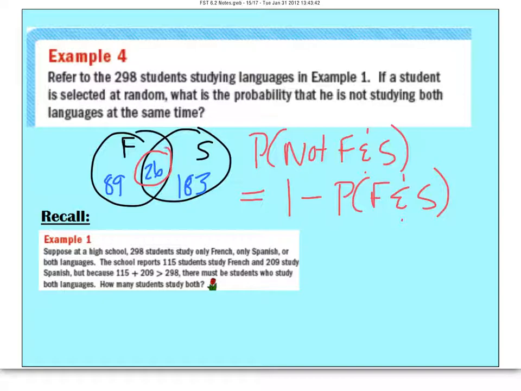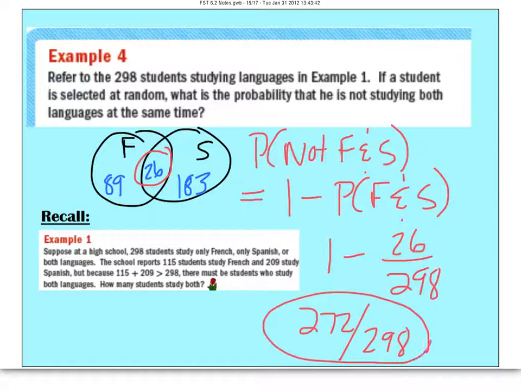We already figured out the probability they speak both French and Spanish: that was 26 out of 298. If you take 1 minus that, you end up getting 272 over 298. So if you know this combined probability, it's almost easier to use the complement to find those that don't speak both French and Spanish.